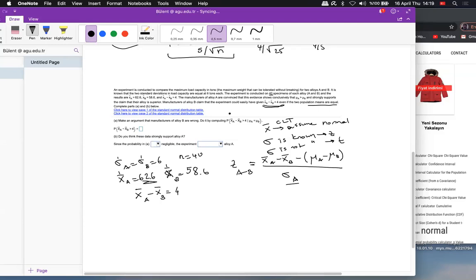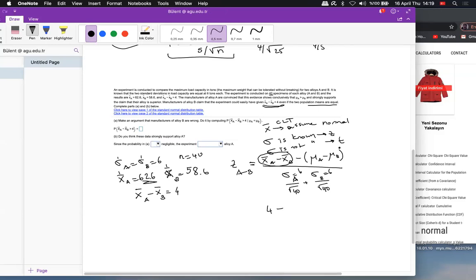Sigma A and sigma B are already given, and n is 40, with 6 and 6 here, right? So what is the value of the first part? 4.